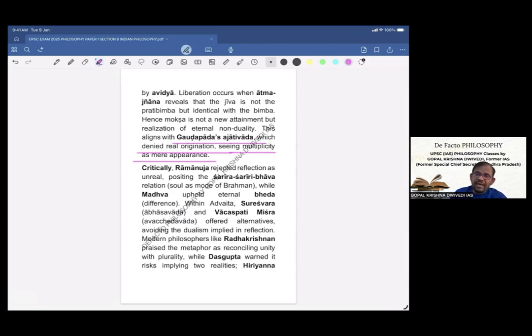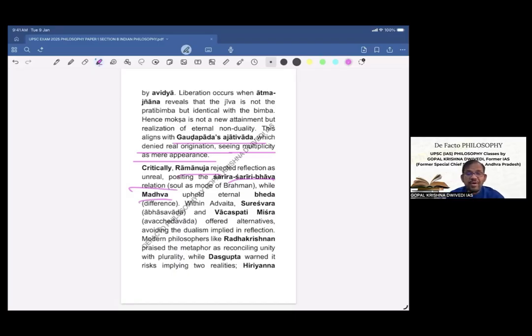Now, we'll try to critically evaluate this doctrine of Bimba Pratibimbavada and its use in soteriology. Critically, Ramanuja rejected reflection as unreal, positing the Sarira-Sariri Bhava relation, the soul as a mode of Brahma, while Madhva upheld eternal difference within Advaita.